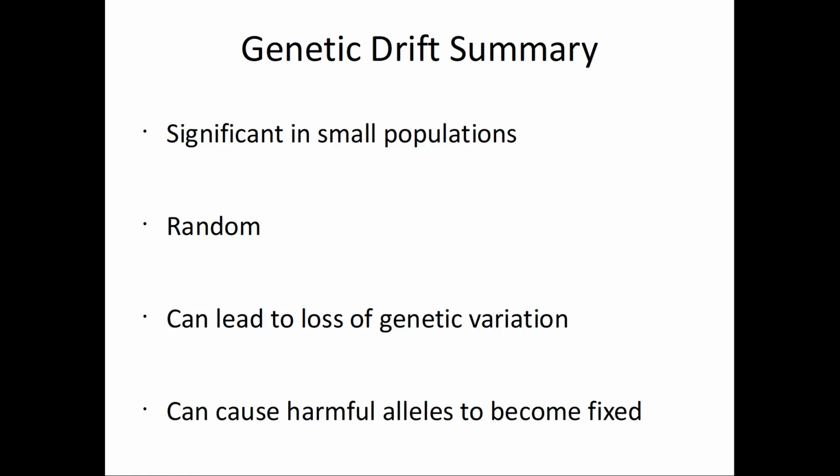Inbreeding becomes more common, and so now you've got some alleles that otherwise wouldn't have been common becoming more common, or it might be that you destroyed all other alleles, and you just have a single allele available, and now 100% of the population has that particular allele.